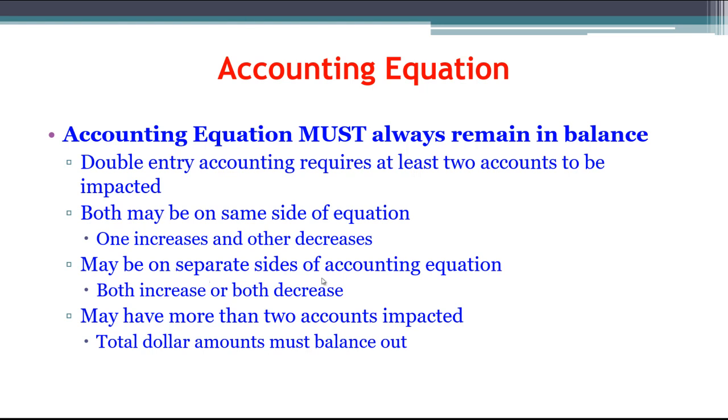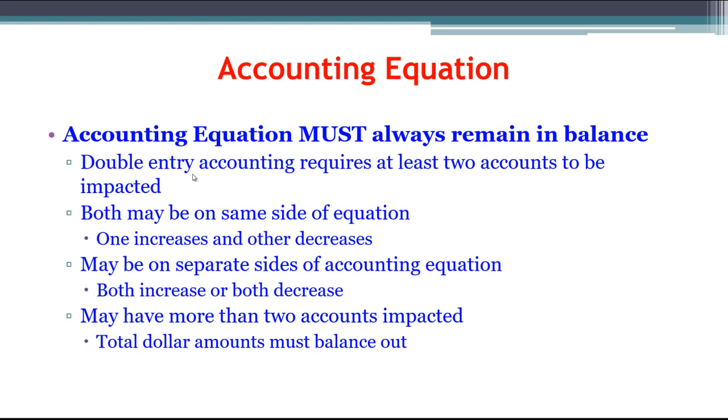They might be on separate sides of the accounting equation. Maybe both are increasing, so assets are increasing, equity's increasing. They might both decrease. Assets decreasing, equity's decreasing. Again, they have to balance out, so the two sides, when you take each side separately, they have to both go the same way and the same amount.